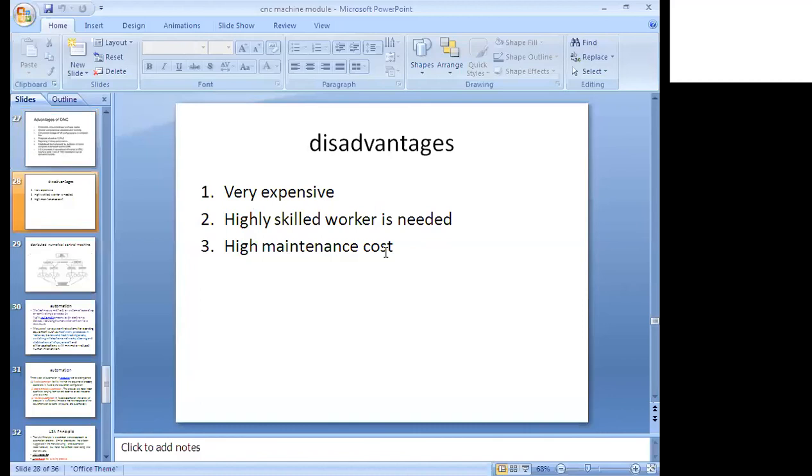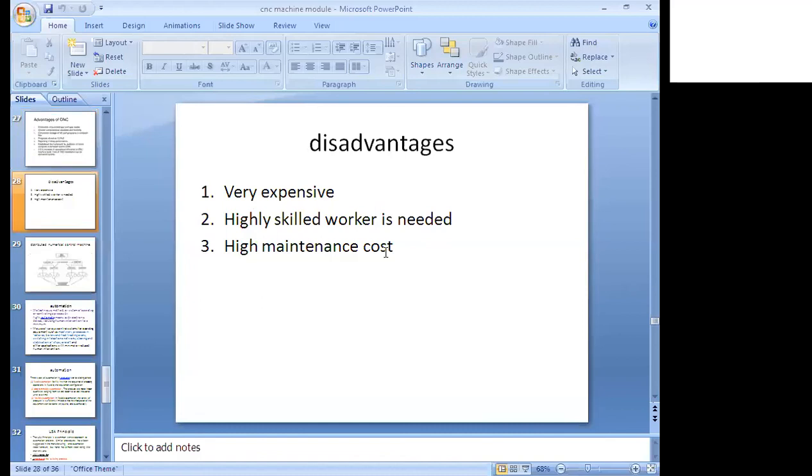The first one is that it is very expensive. The DNC machine's cost is very high compared to CNC and NC as well as the lathe machine. The second one is that a highly skilled worker is needed. To produce a product from DNC, a CNC machine does not need that much skilled a person, because manual work is nearly zero.